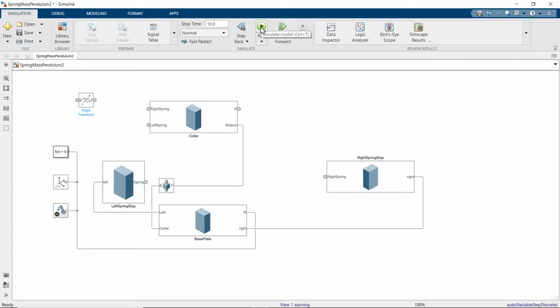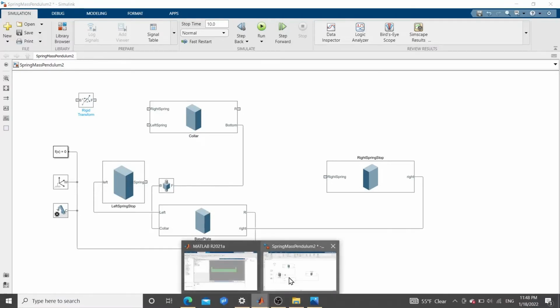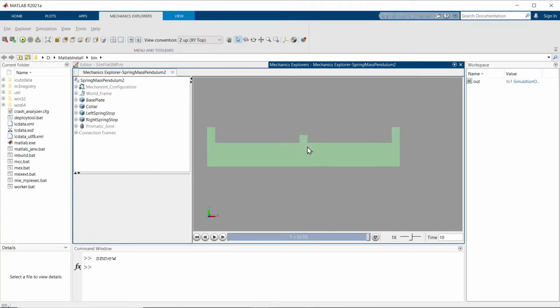So if we connect it and now simulate it, we need a top view. I think it's sliding away in the z-axis because of gravity.